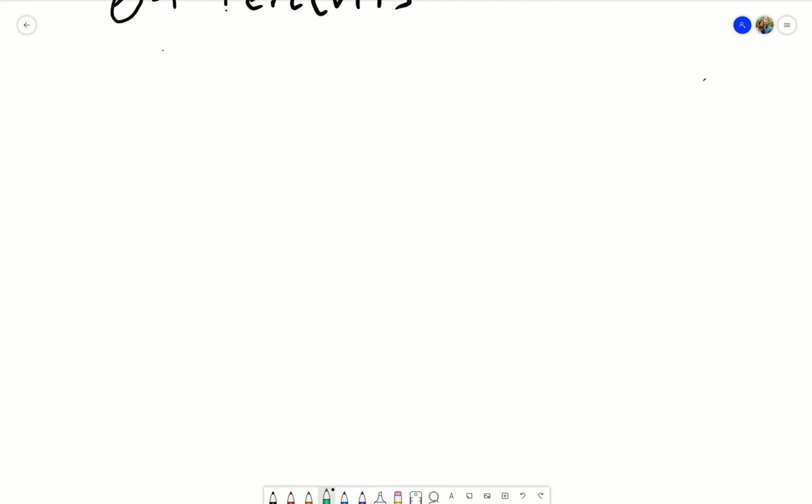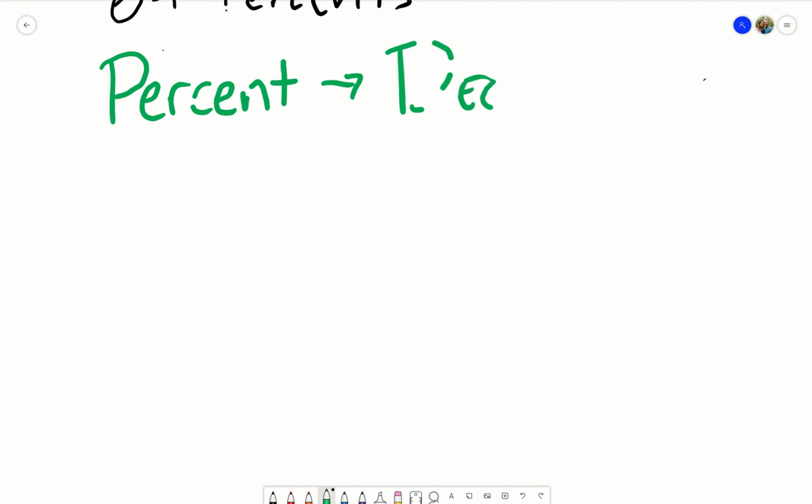Now, what if I have a percent and I want to turn it into a decimal? What am I going to do to turn this into a decimal? Well, let's say I have 43%. To turn a percent into a decimal, this works this way every single time we do it.